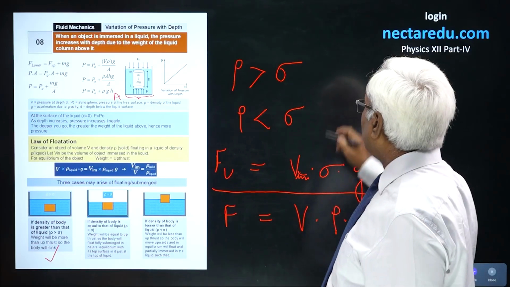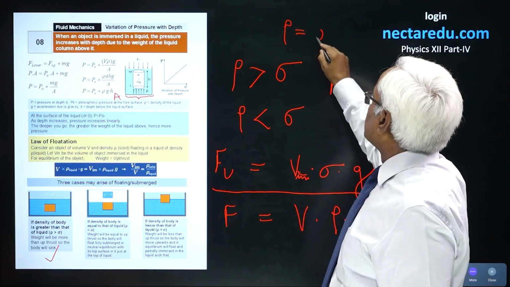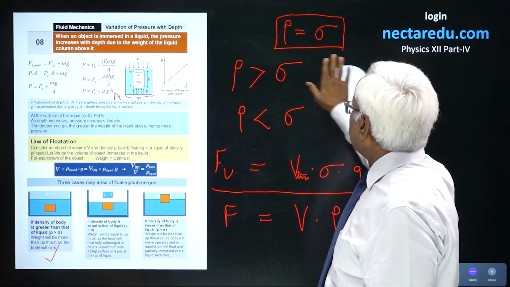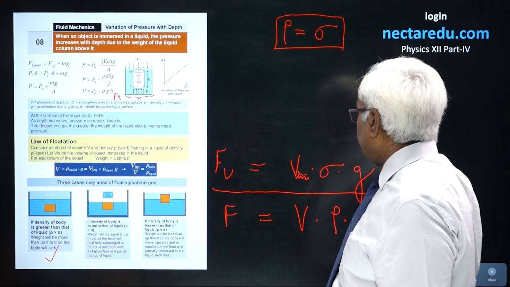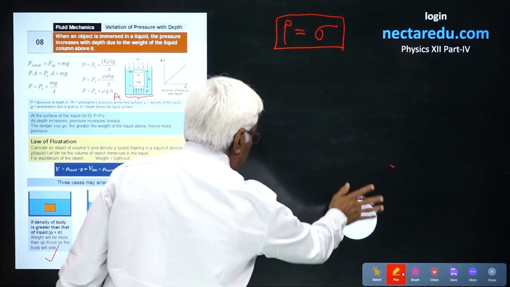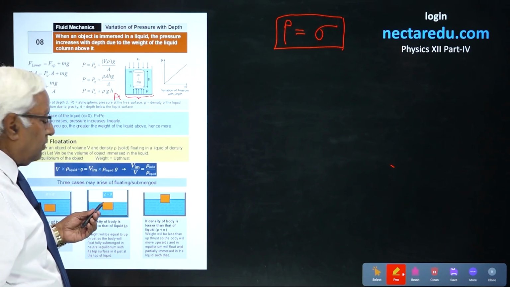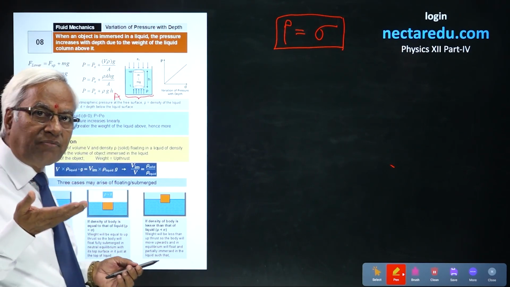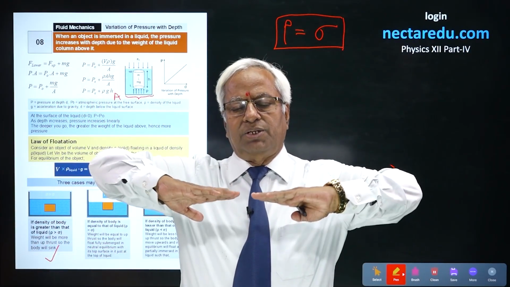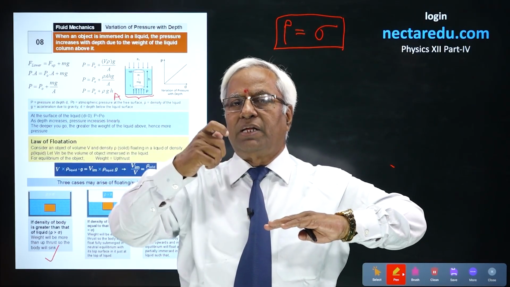But when both are equal, this is the most fascinating situation, when the density of the body immersed and that of the liquid become equal. In this case, you see the upper surface of the body immersed, as I have shown over here, and the liquid surface both will coincide. That means this is the upper surface of the liquid and this is the top of the body immersed.